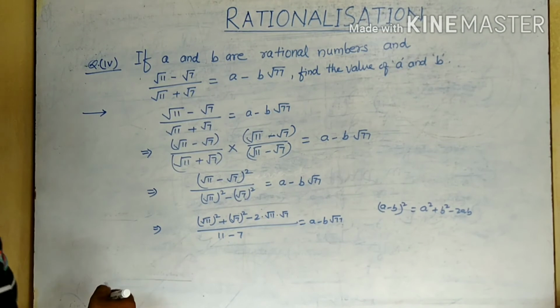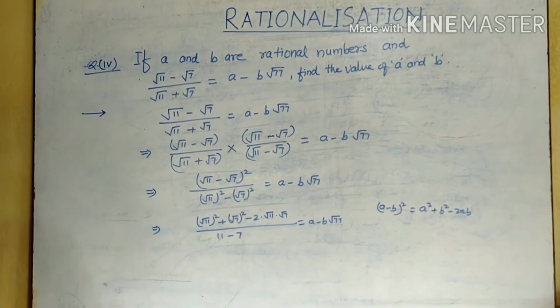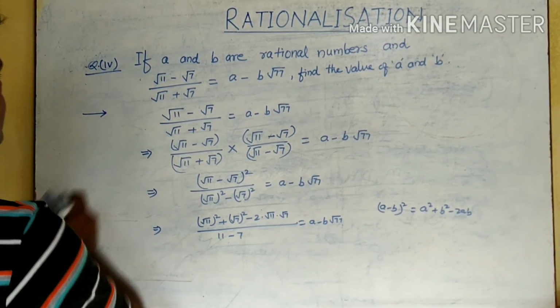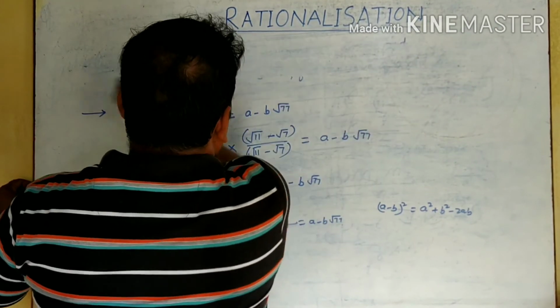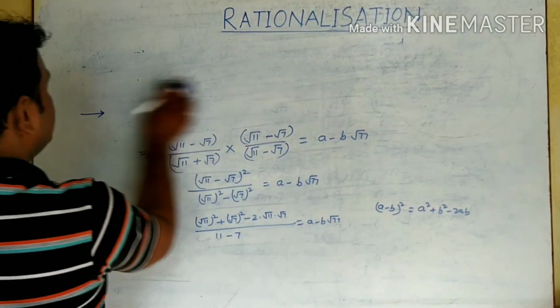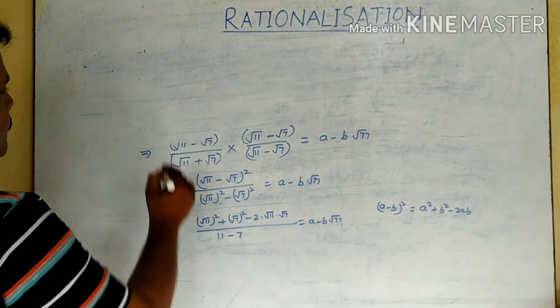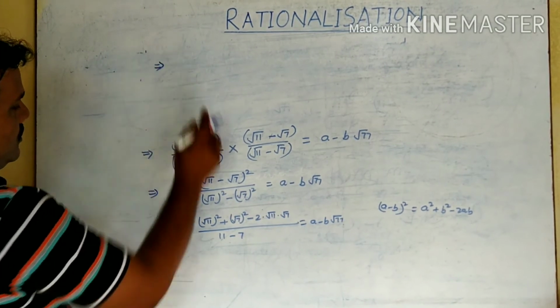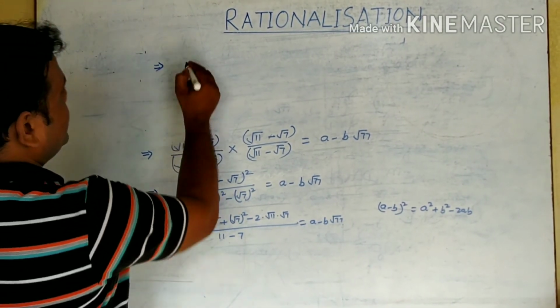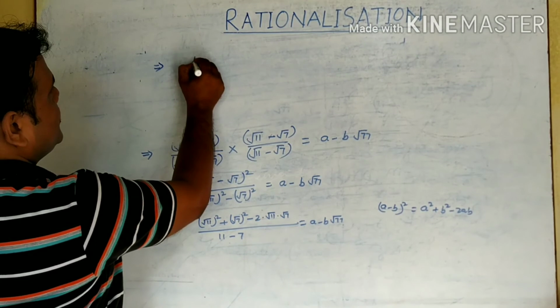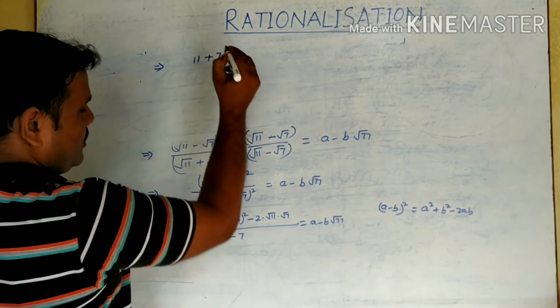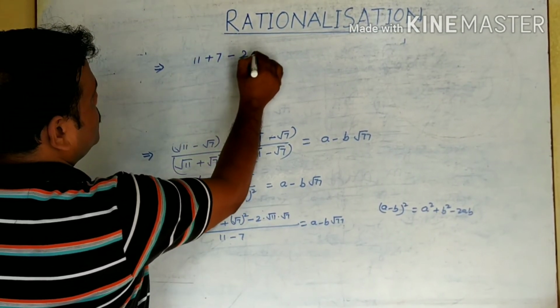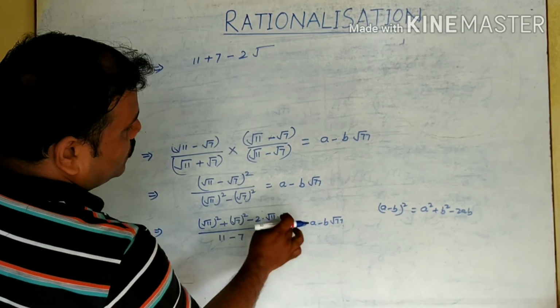After that, what will we do? We will continue and find the value. See, it will be equal to 11 plus 7 you will get, minus 2, both are in root.